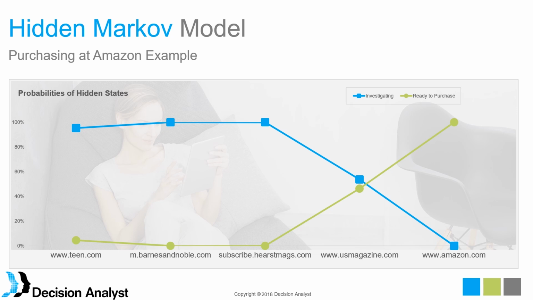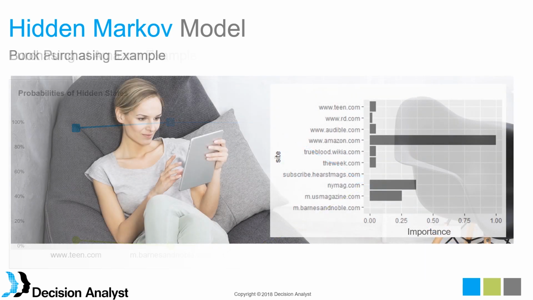Their probability of being in the investigating state is very high, and then it starts dropping, and the probability of being ready to purchase starts growing. And then when the person gets to the fifth website, Amazon.com, they're ready to purchase, and the probability of being ready to purchase is high at 100%, and the investigating state probability is very low. So that's how the hidden Markov model works as one progresses through the journey.